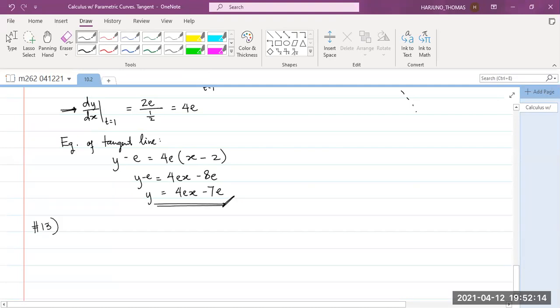Number 13, find dy/dx and the second derivative of y with respect to x.